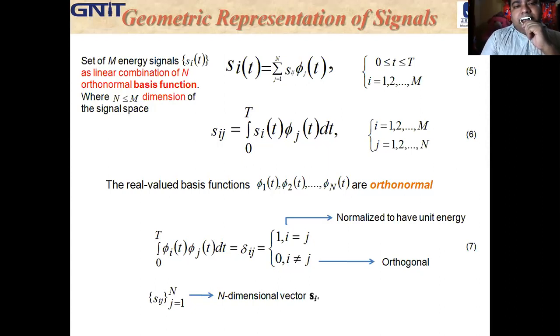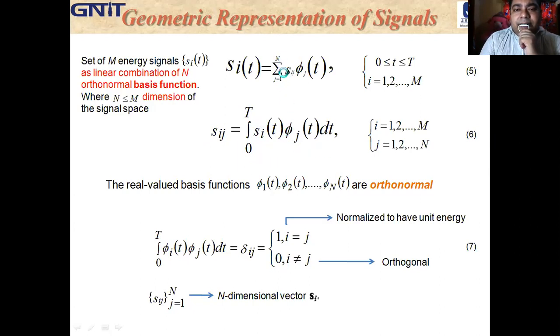The essence of geometric representation of signals for a set of M energy signals s_i(t) is that each is a linear combination of N orthonormal basis functions. This can be represented as equation 5, s_i(t) equals summation over j equal to 1 to N of s_ij phi_j(t), where the coefficients s_ij can be determined following equation 6, the integral from 0 to T of s_i(t) phi_j(t) dt.